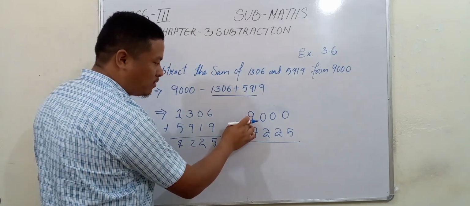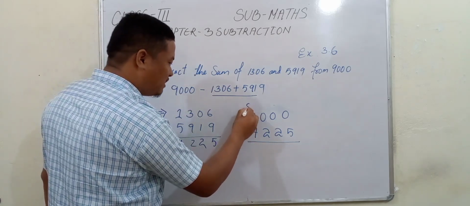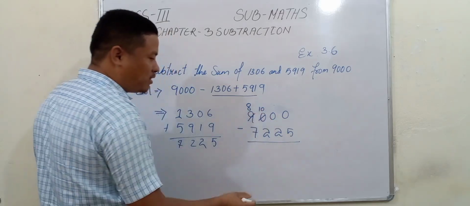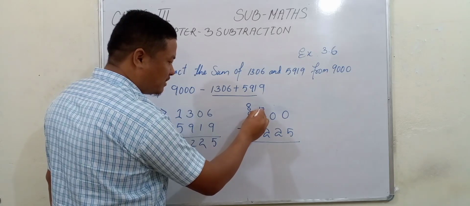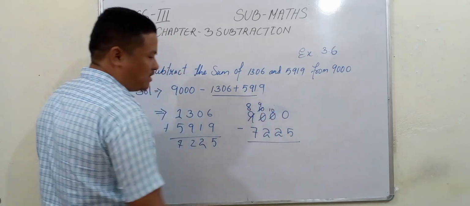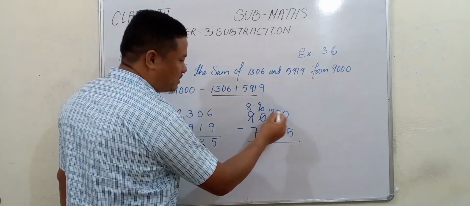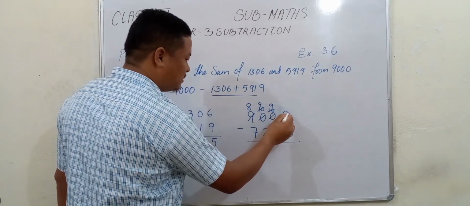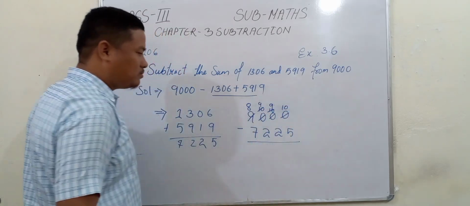When we take 1 from 9, 9 become 8 and this 0 become 10. When we take 1 from 10, 10 become 9 and this 0 become 10. Again when we take 1 from here, 0, then this 10 become 9 and 0 become 10.